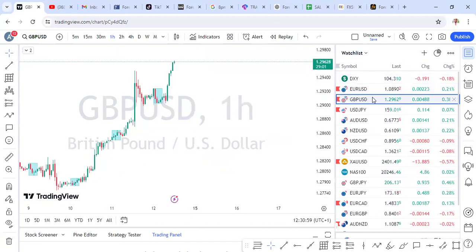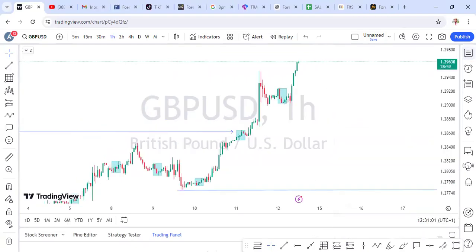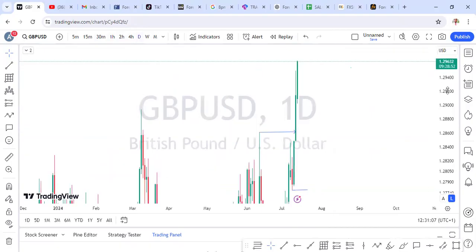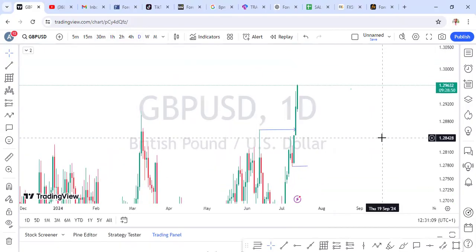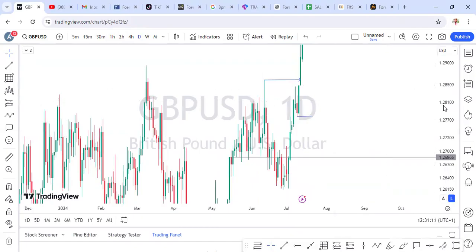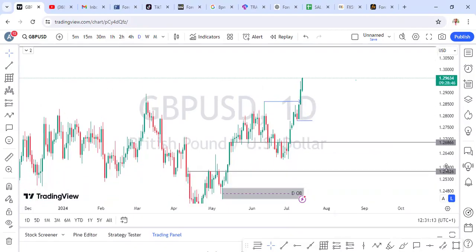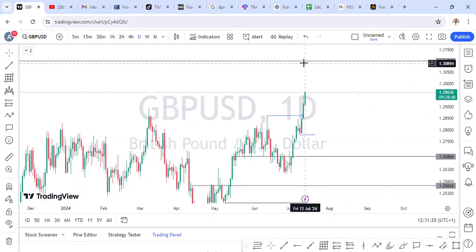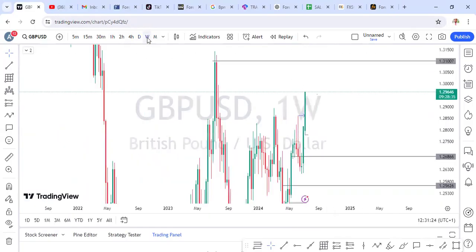GU, this one just flew to the moon. This one is extremely bullish. I must tell you, this guy is bullish, seriously. And this is the draw liquidity that this guy is coming to, and this bullishness is continuing.